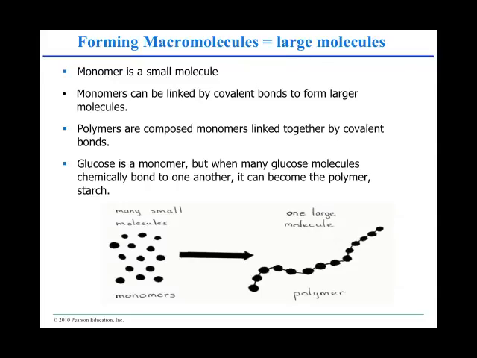So when we look at these, there's some terminology you need to get straight. Monomer, that is a single small molecule. Mono means one. Polymer means many linked together by covalent bonds. Glucose is a monomer.